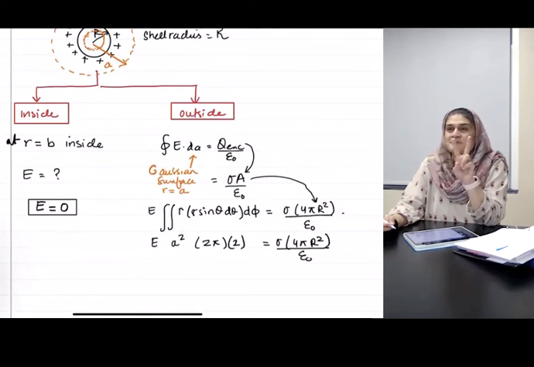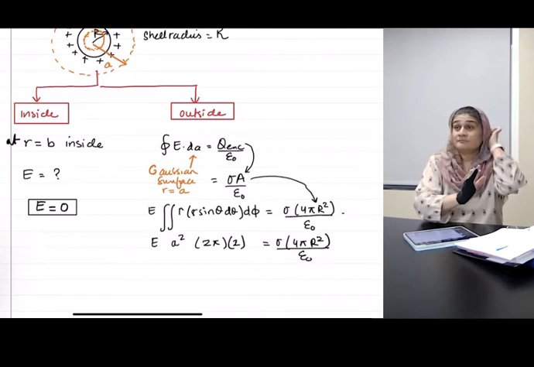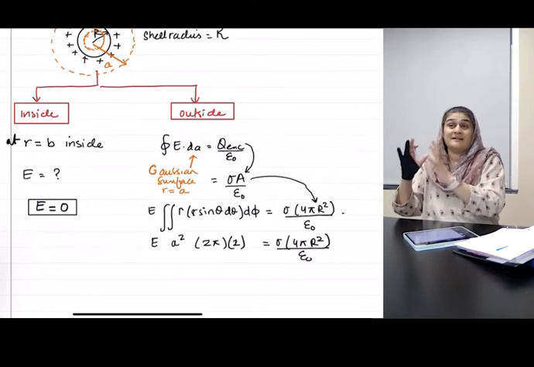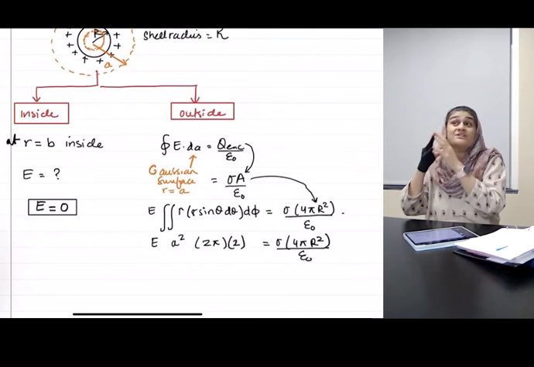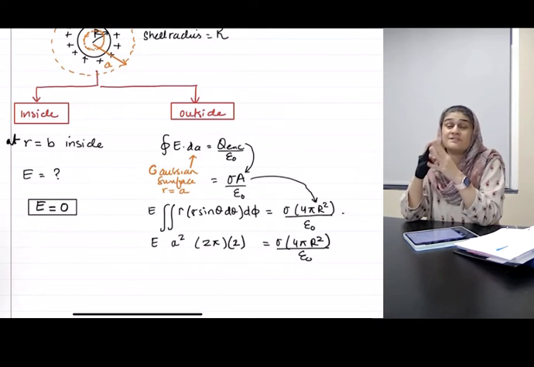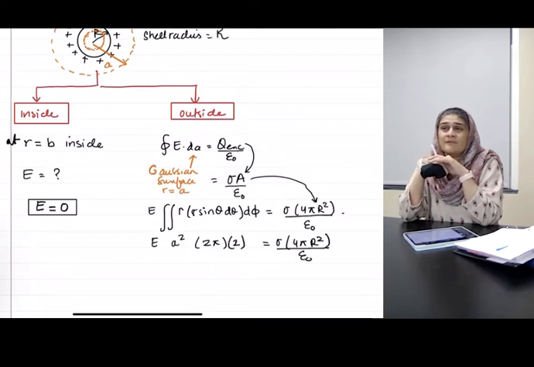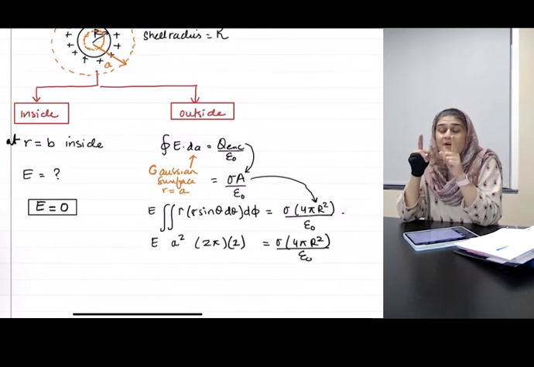Do you see the difference between the two? One, you're defining it for your Gaussian surface, which is on the left side. And the other one is getting defined by whatever charge is enclosed in that surface. So be very, very careful when you do this.